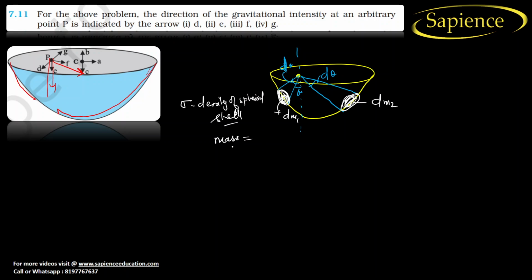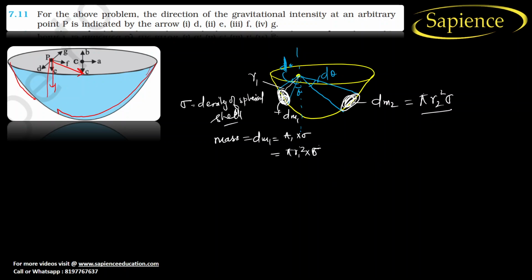The small mass dm1 can be written as area into density, that is pi into radius. Let us consider this radius as r1, so this is pi r1 whole square into sigma. At the same time, dm2 can be written as pi into r2 whole square into sigma.